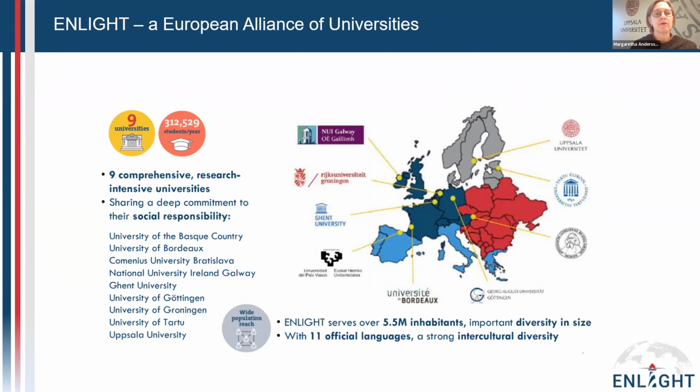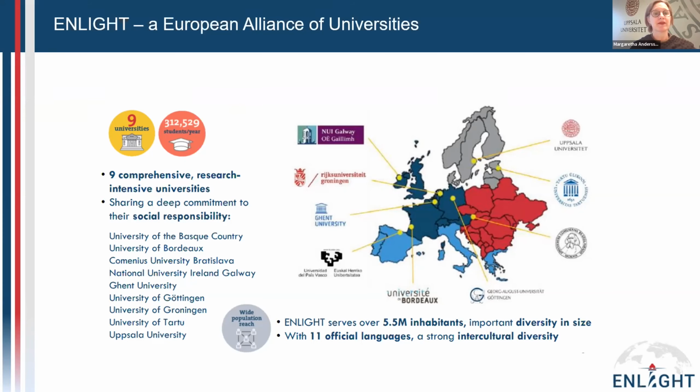We have approximately 300,000 students per year, and we serve more than 5.5 million inhabitants all over Europe. We also have a strong commitment to social responsibility, and the alliance is addressing societal challenges within Europe and the wider world.